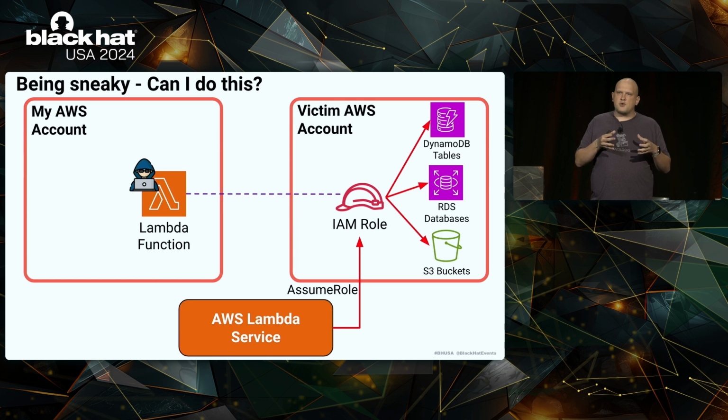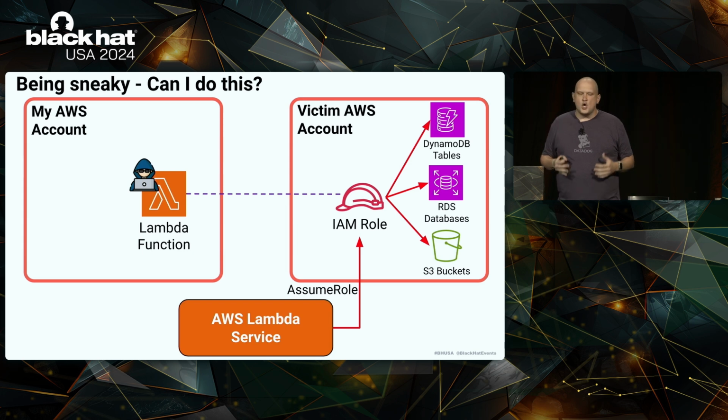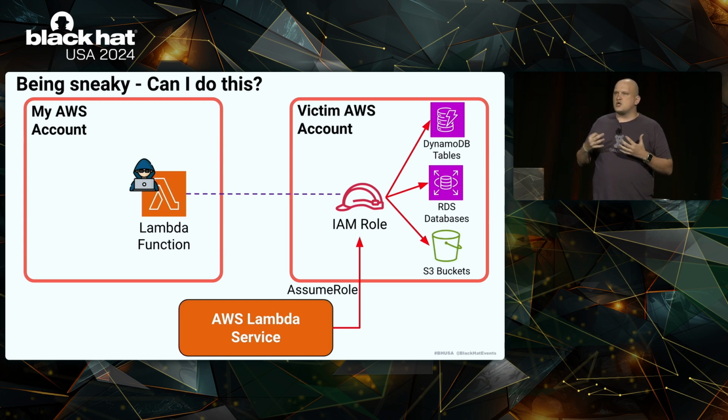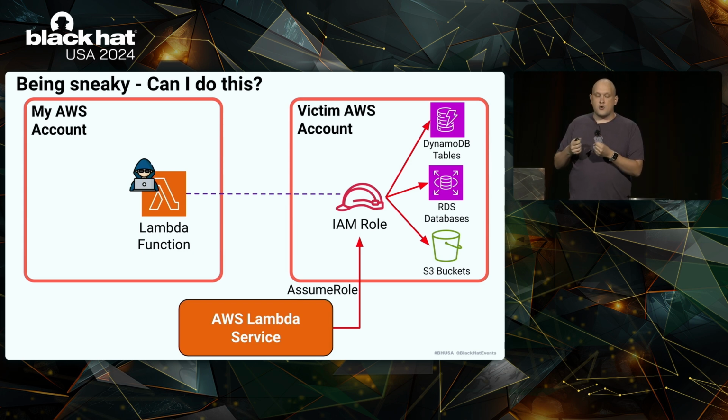By creating a Lambda function in my own attacker-controlled account, but pointing to or referencing a role in a different AWS account, preferably one that I don't have legitimate access to. Could I cause the Lambda service to assume that role and perform API calls on my behalf?